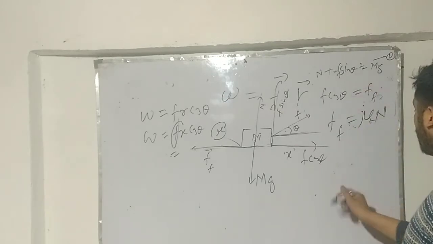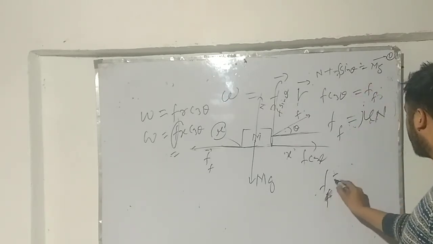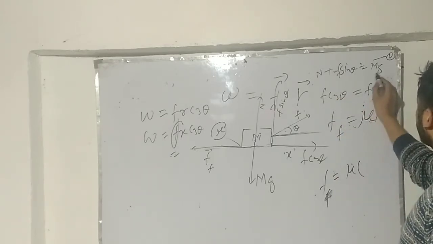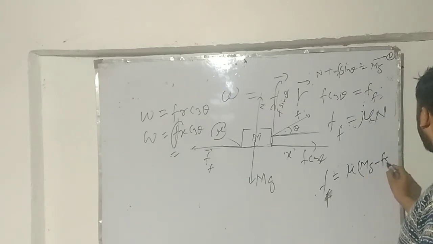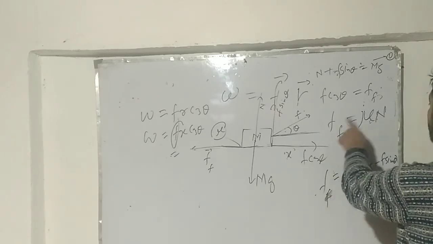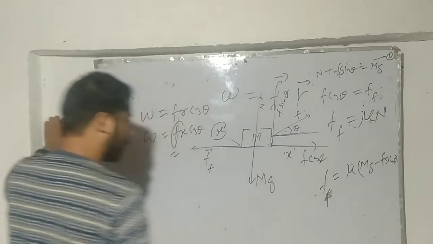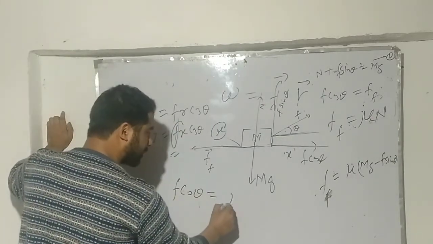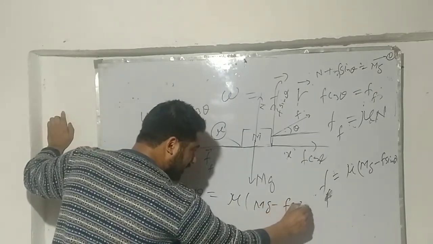If I put the value of normal reaction here, it will be mu times mg minus F sin theta. And my frictional force is equal to F cos theta. So I will get F cos theta equals mu times mg minus F sin theta.